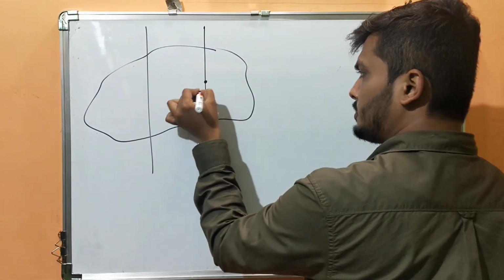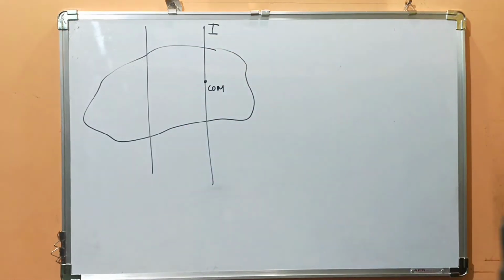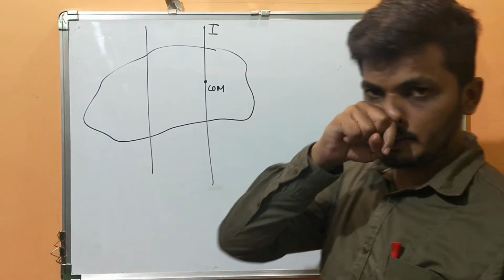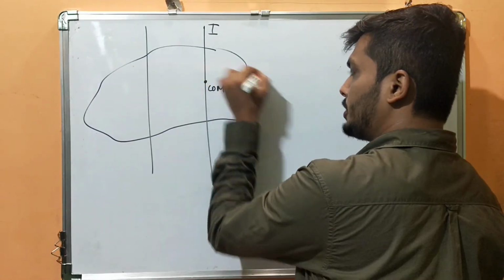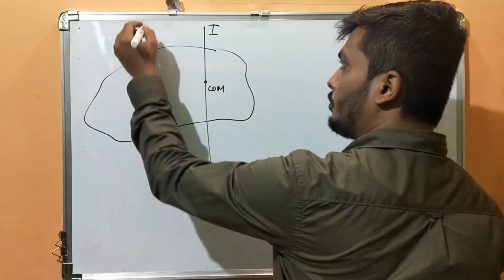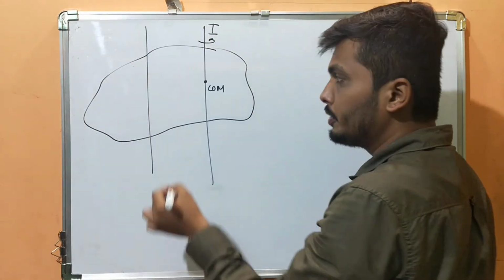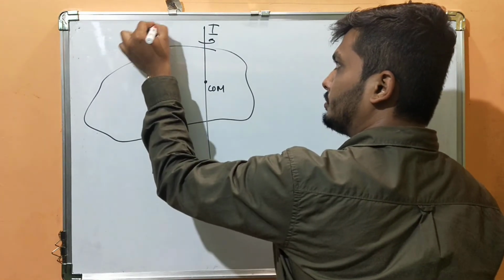One of the axes should pass through the center of mass. Suppose this axis is passing through the center of mass. This can be a solid sphere also, a 3D object. Now using this parallel axis theorem, I want to find the moment of inertia about this axis.